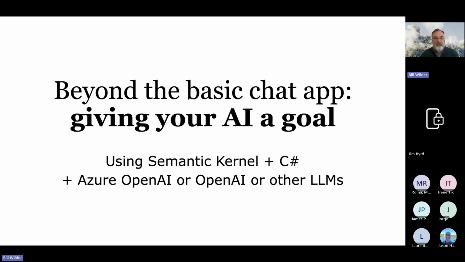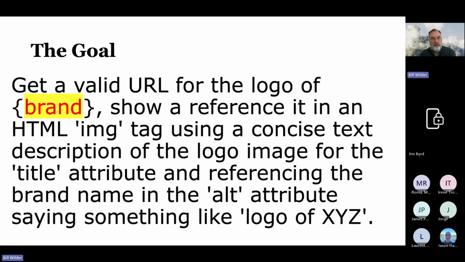Okay, so let's jump into giving your AI a goal. I'm going to just show you a prompt. Get a valid URL for the logo of insert brand here. Show a reference to it in an HTML image tag. Make it concise, and show a description of the logo.